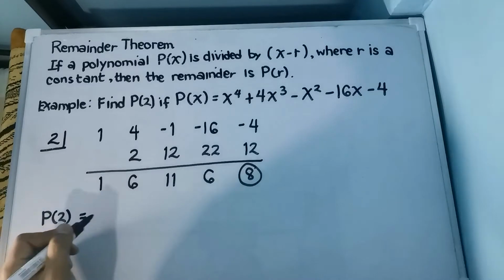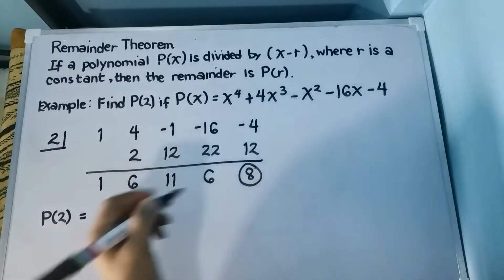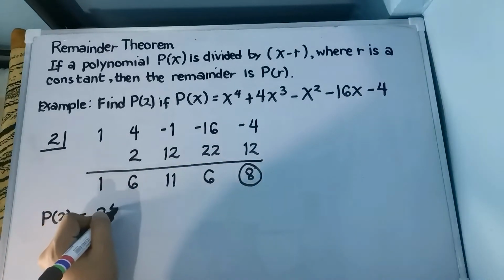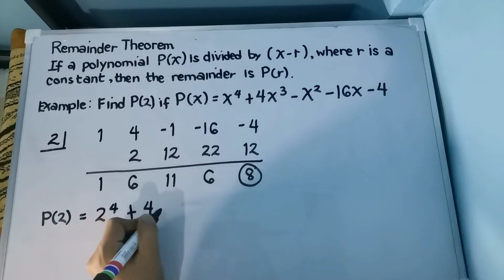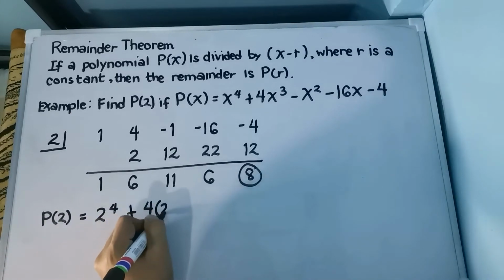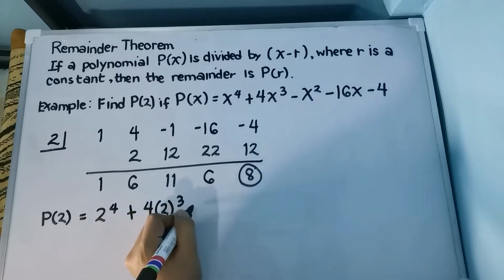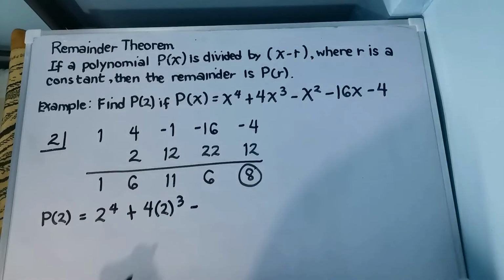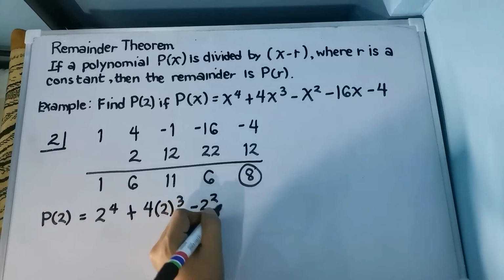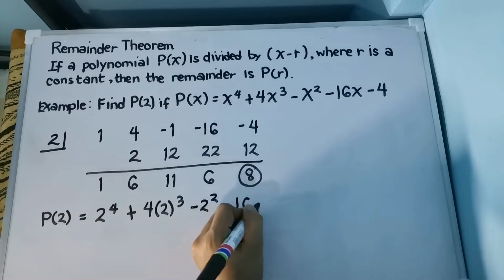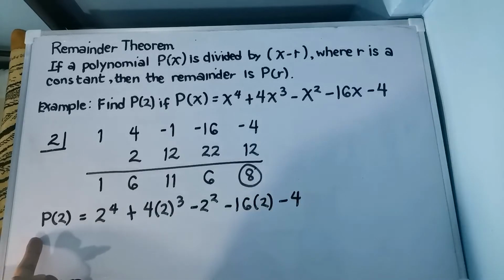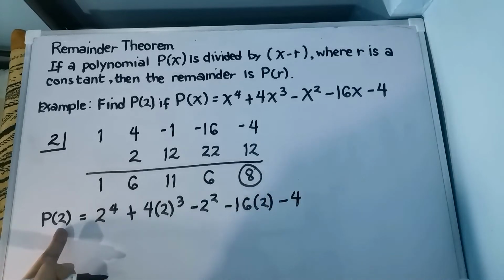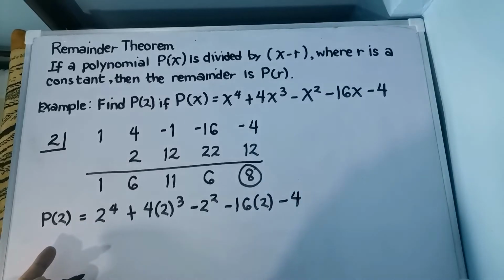So we have 2 to the 4th plus 4 times 2 cubed minus 2 squared minus 16 times 2 minus 4. Again, hahanapin natin yung p of 2 para makuha natin yung p of r, yung pinaka-remainder.